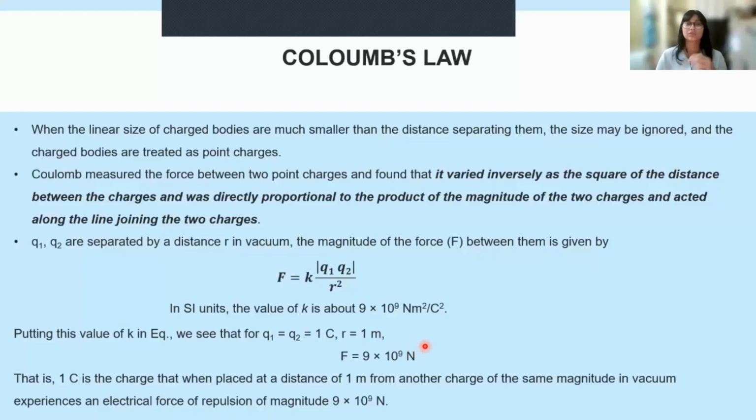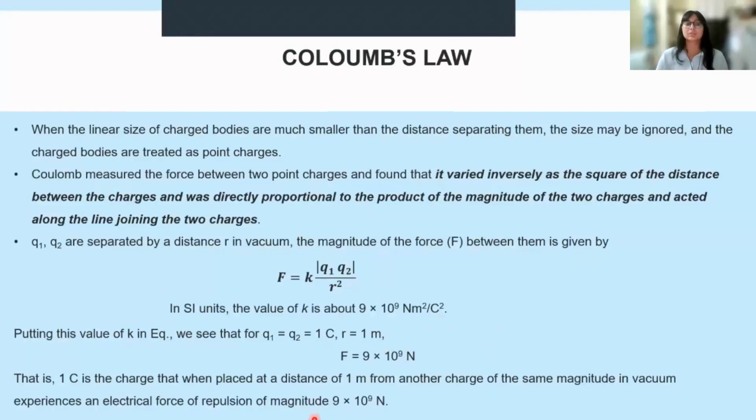There is a force of attraction and a force of repulsion acting between two charges, either like charges or unlike charges. So how are we going to denote this force that is there because of these positively or negatively charged particles?